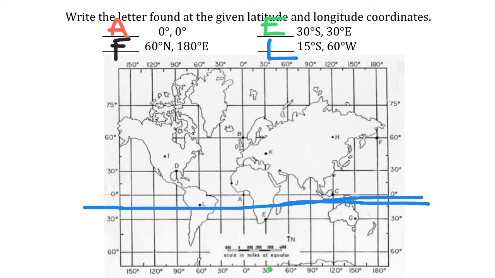And because I am down from the equator, that is south of the equator, and then L is right on this line. This is the 60-degree west line. I know it's west because it's to the left of the prime meridian, which is 0 degrees.